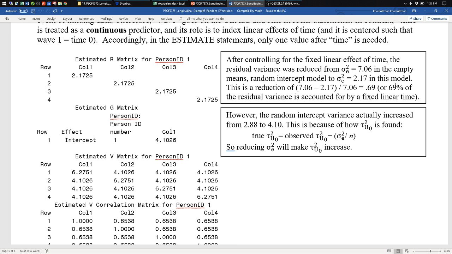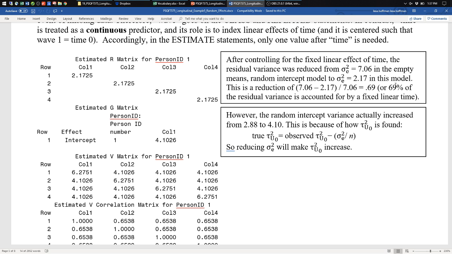Now, can I just say that? Model R square is 0.69. What do you think? Nope, can't say that exactly. Need to be more specific. I've explained 69% of what exactly? The level 1 residual.